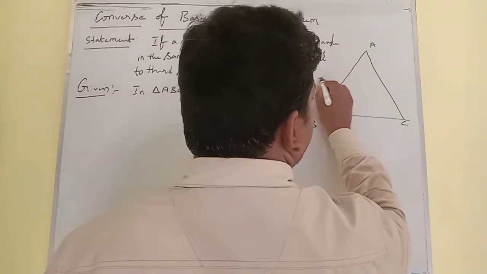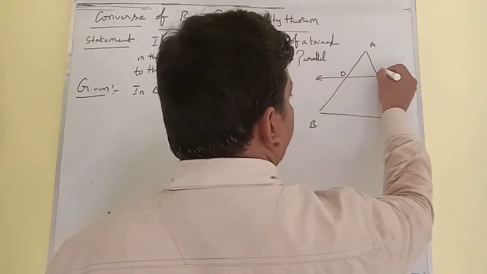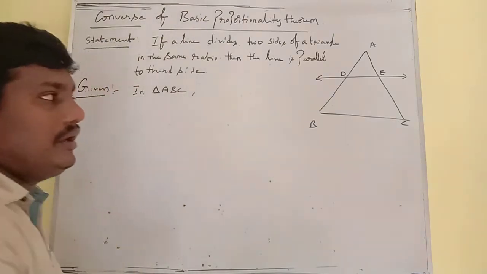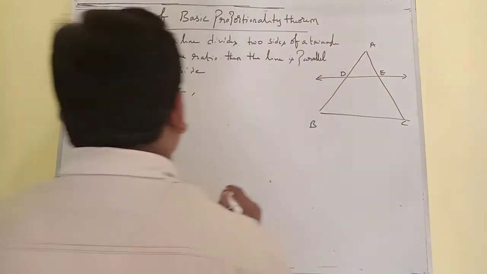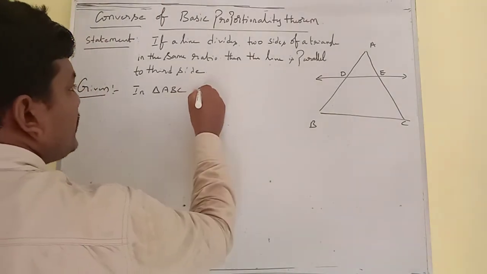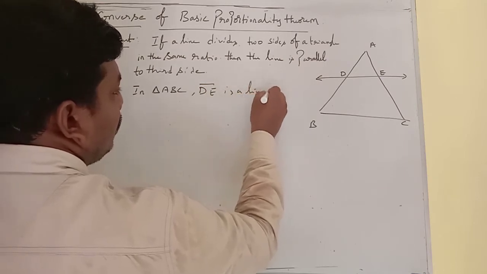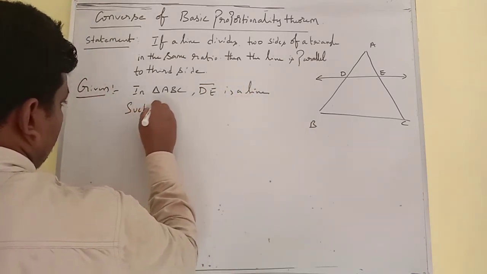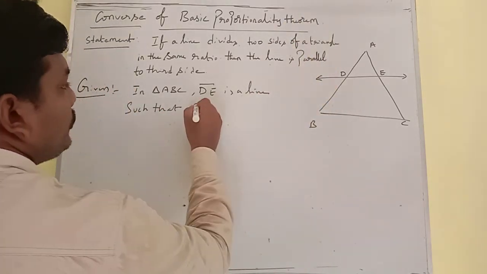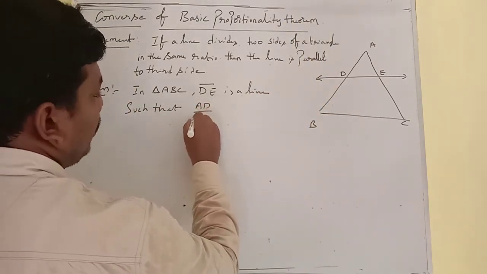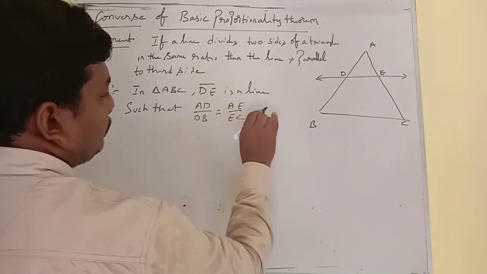So these two sides are divided by a line DE. DE is a line which divides AB and AC in the ratio AD by DB is equal to AE by EC.